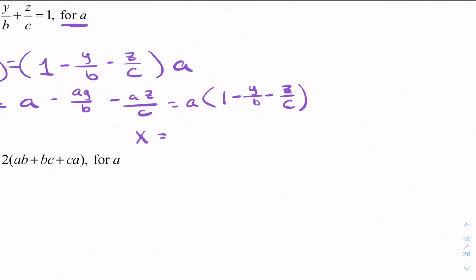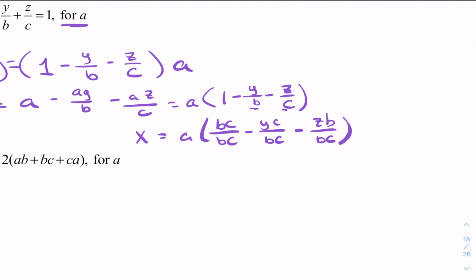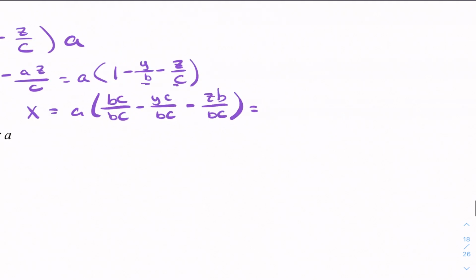So we could say common denominator, which would be bc. So this would be a times bc over bc minus yc over bc minus zb over bc. The reason why we're doing this is once we get a common denominator, we can write this right side as one fraction.